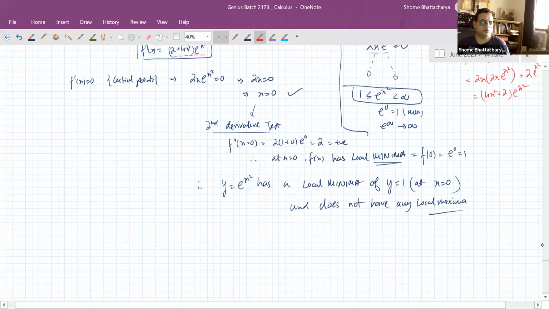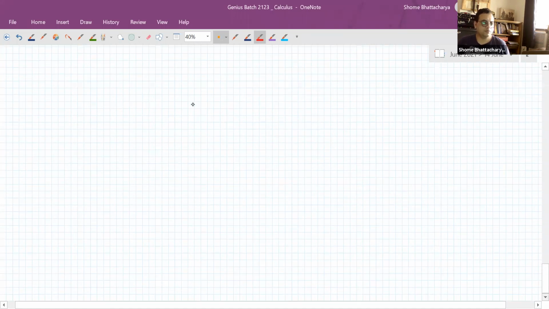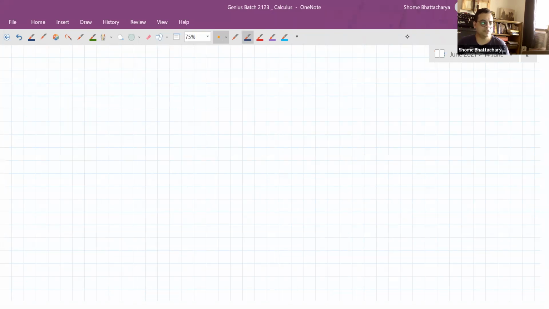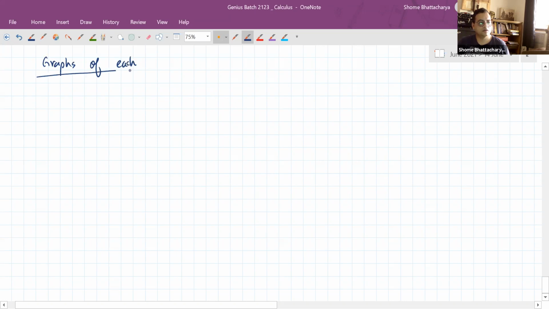Okay, so before we move on, just let's do a bit of analysis about these functions further than local maxima and minima. Okay, so graphs of each of these and behavior of the function. So this was our first function.